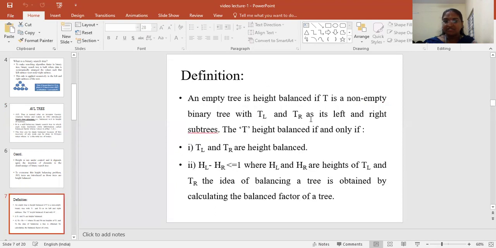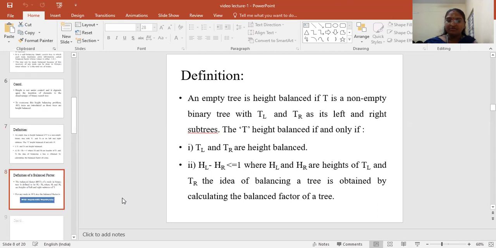In the same fashion, the tree contains a left child and a right child, and those children's heights are calculated by subtracting left minus right values. When we calculate the subtracted values, they should range from -1, 0, and 1. That is the concept we have seen here. The idea of balancing a tree is obtained by calculating the balance factor.